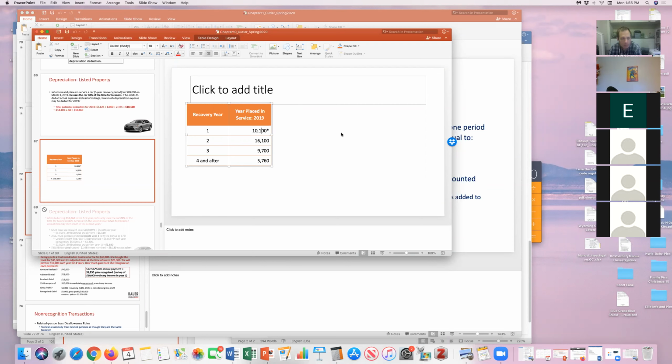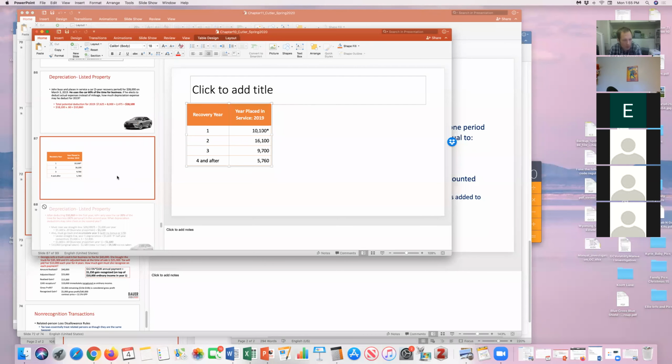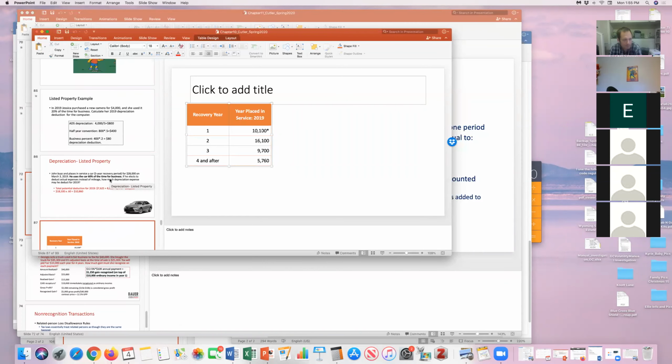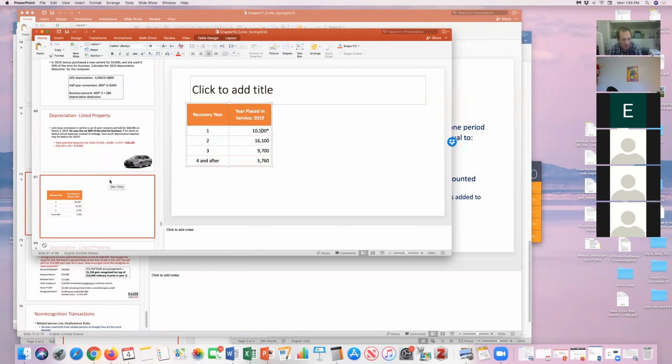Oh, okay. Because you can do 179 also, but on some vehicles there's a lower cap than the normal 179 cap. So it would be simpler just to do 100% bonus if you wanted to get the most you could.